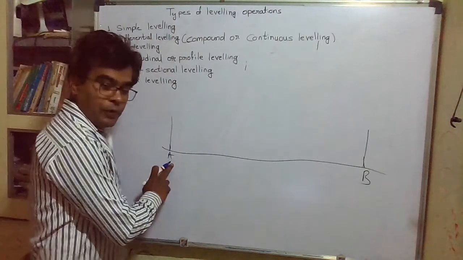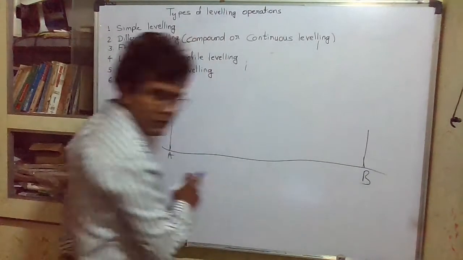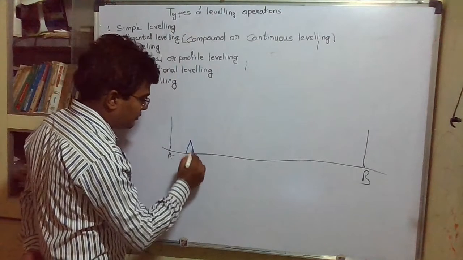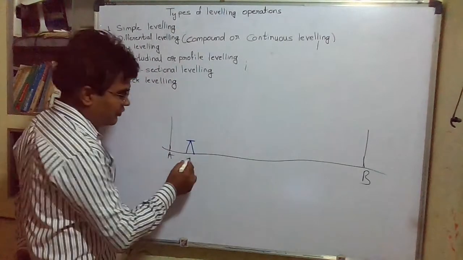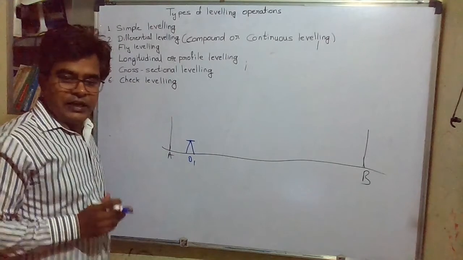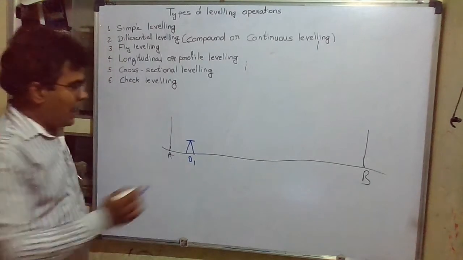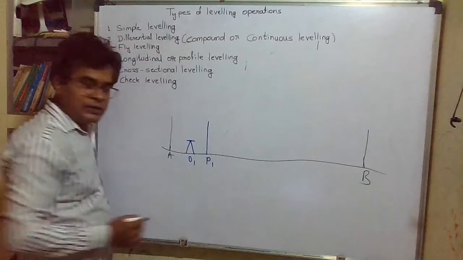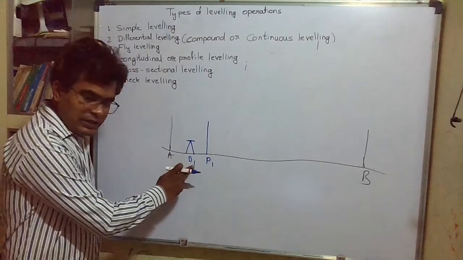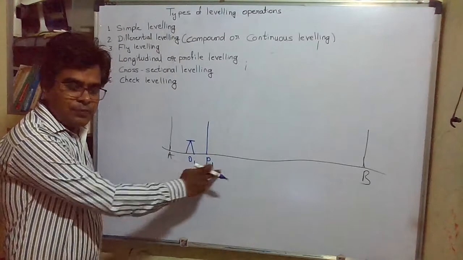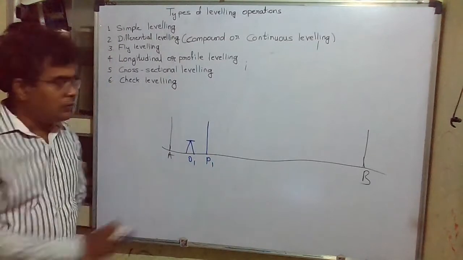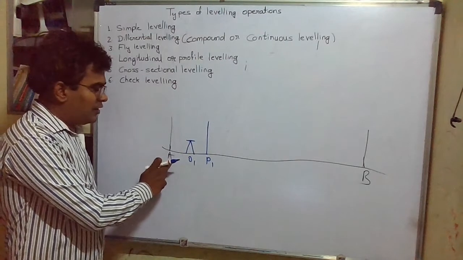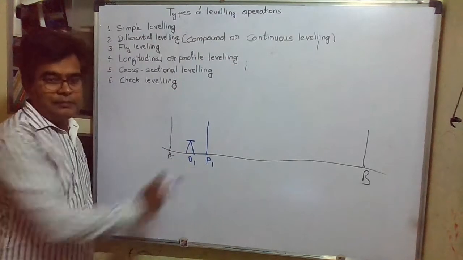Suppose this is point A, this is point B, and we have to determine the level difference between A and B. Then we set up the level at some location here. Suppose this is O1. Then we will set the staff at some random point P1 in such a way that the level is nearly the same distance from both points, that is, O1 is nearly midway between A and P1.